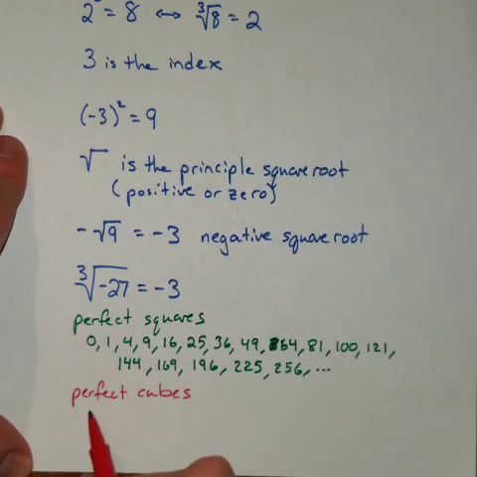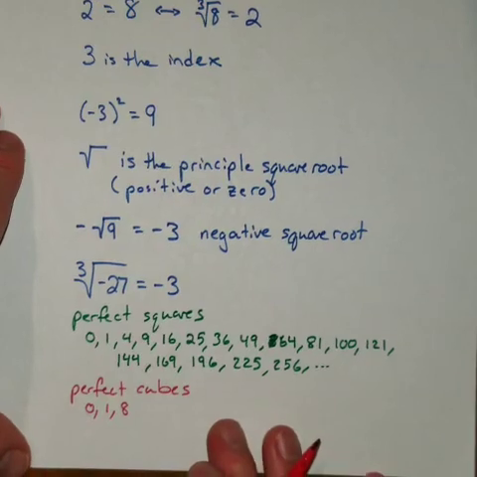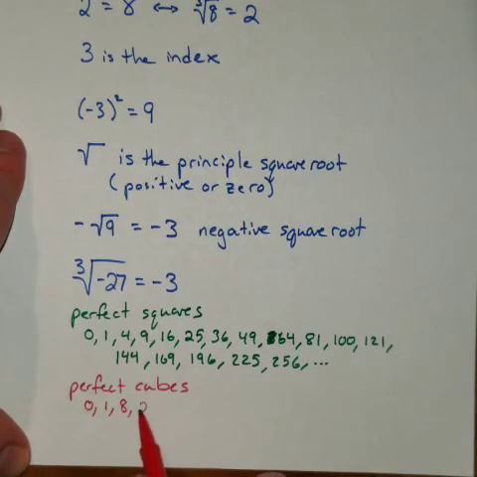Okay, so again, 0 cubed is 0, 1 cubed is 1. Those are the easy ones. 2 cubed is 8 because 2 times 2 times 2 is 8. 3 cubed is 27. 4 cubed is 64. 5 cubed is 125.